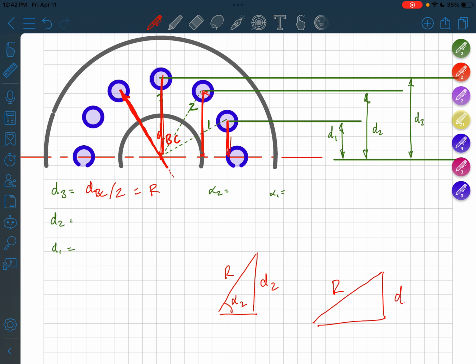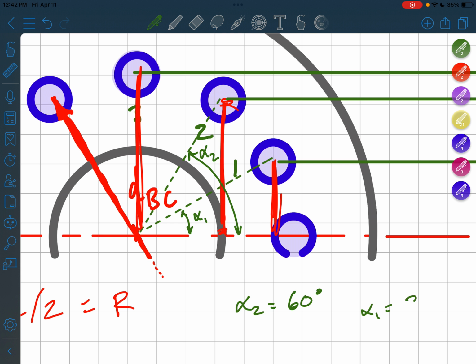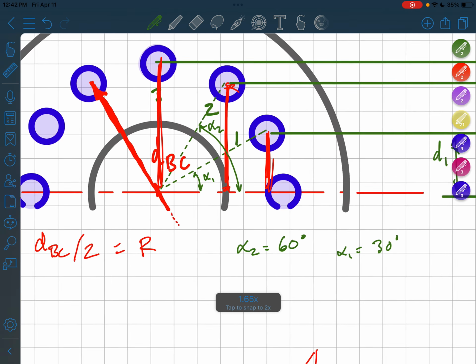R, D1, alpha 1. What is alpha 1, alpha 2? So alpha, let's zoom in here. This angle, that's our alpha 1. This angle, alpha 2. And by inspection, we can see that alpha 2 equals 60 degrees, alpha 1 equals 30 degrees.